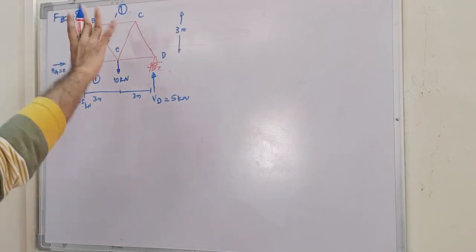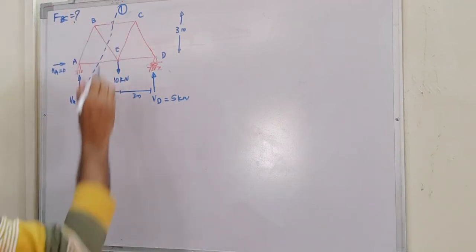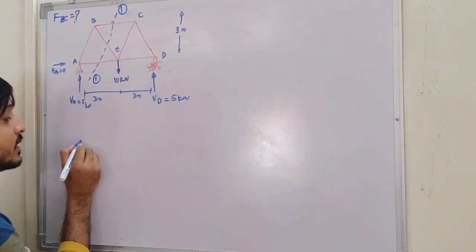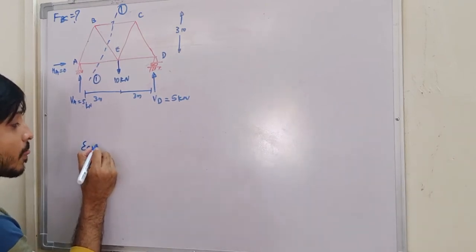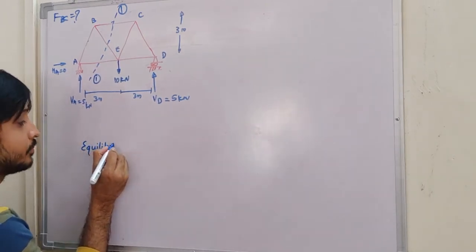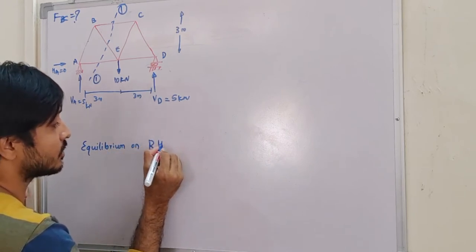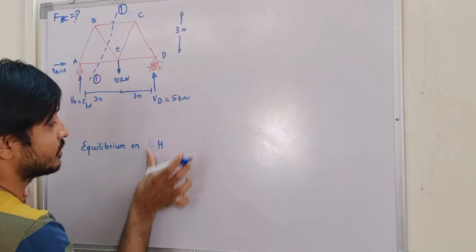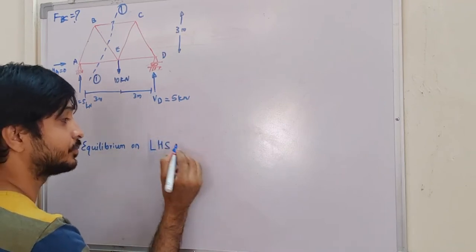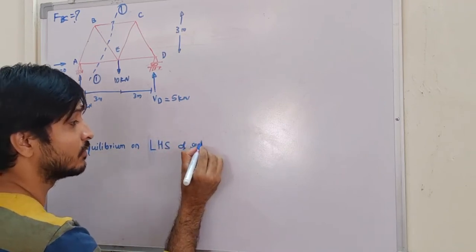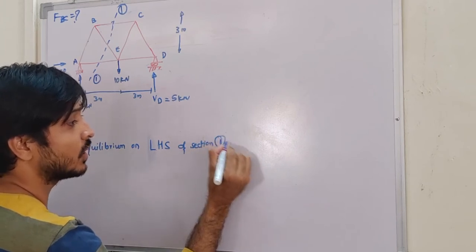Now, as we have cut the section, we'll consider the equilibrium on RHS, or we'll take LHS. Okay, so we'll take LHS of section 1-1.